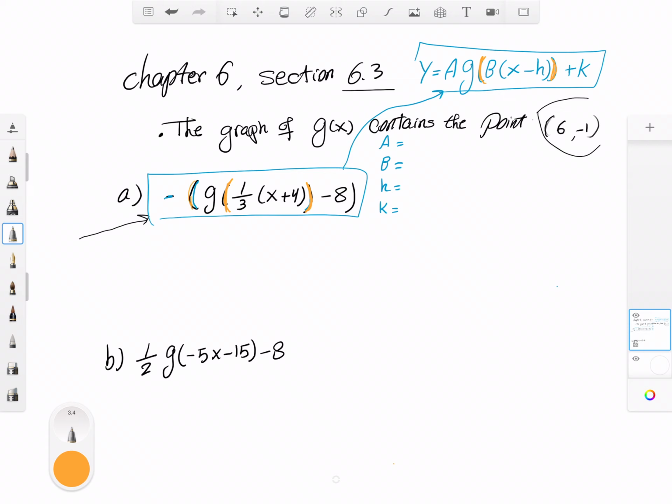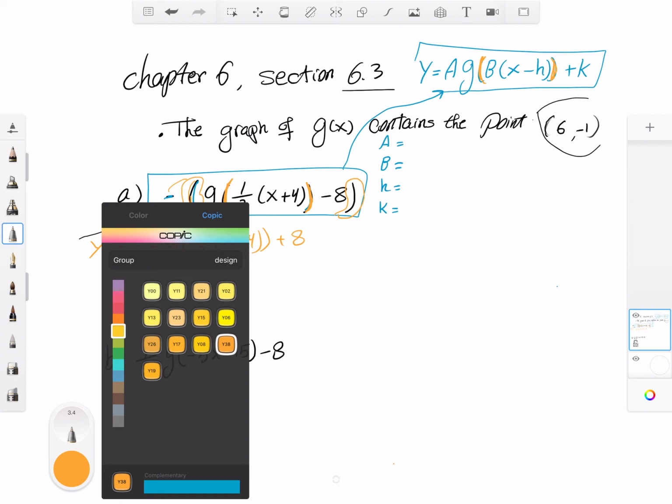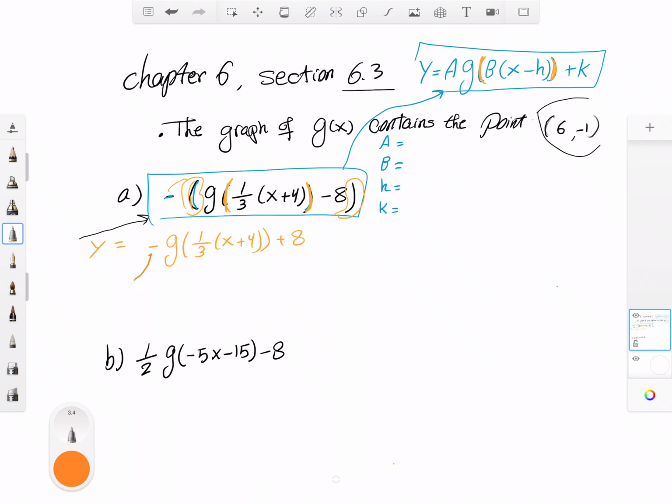We also have a parenthesis here. But there's another parenthesis that our formula doesn't have. So I will multiply by -1. We're going to have negative g, 1/3 x plus 4, plus 8. So this is our formula.